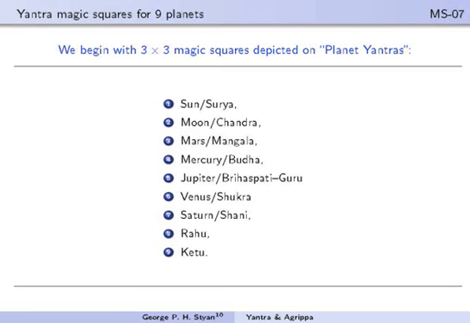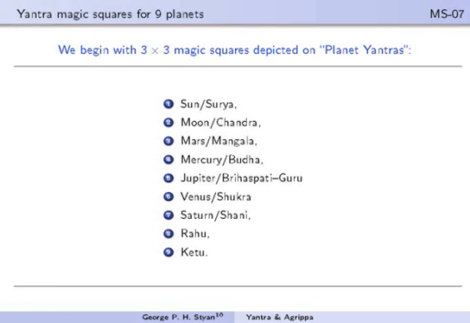For these 9 planets, the sun or Surya, after which Sunday is named, the moon or Chandra, after which Monday is named, Mars, Mangala, after which Tuesday or Mardi is named, Mercury, Buddha, or Mercredi for Wednesday, Jupiter, Brihaspati Guru for Jeudi or Thursday, Venus, Shukra for Vendredi or Friday, Saturn, Shani for Saturday, and then these two extra, not really planets, Rahu and Ketu.